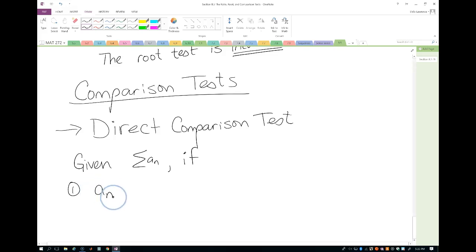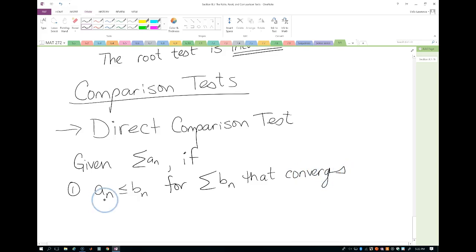So if your a sub n's are always less than or equal to your b sub n's for some other series b sub n, and this other series b sub n, we know that it converges.